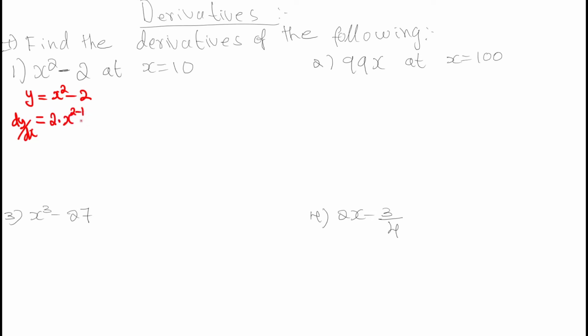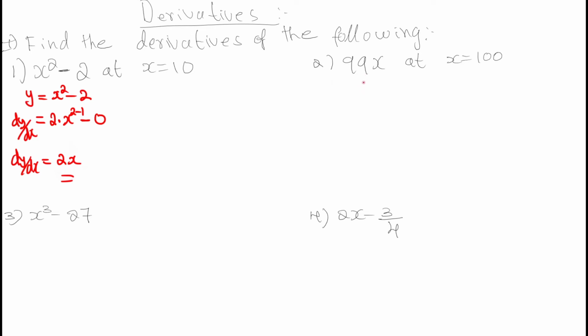Then the derivative of constant is 0. No x, right? So derivative equal to 0. If you simplify this one, dy by dx is equal to 2 into x to the power 2 minus 1 is 1. So that derivative is equal to 2x.